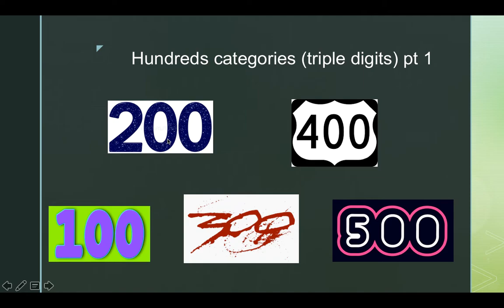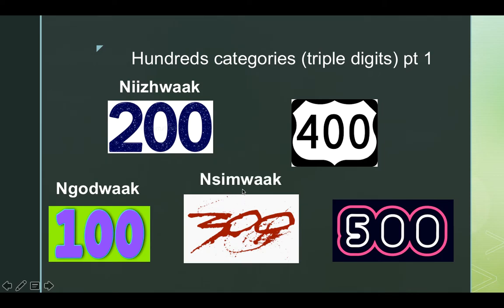So we have 100, 200, 300, 400, and 500. 100 in Ojibwe is pronounced good walk. 200 is walk. 300 is sim walk. 400 is walk. And 500 is pronounced non-walk.